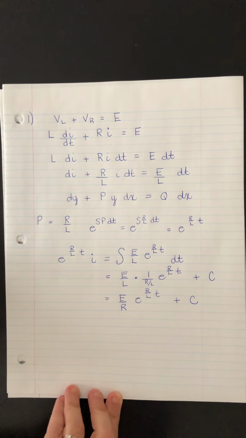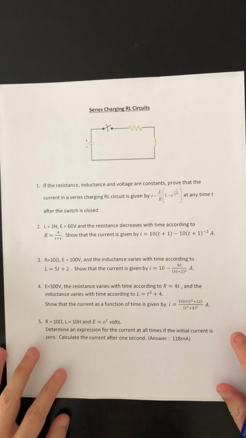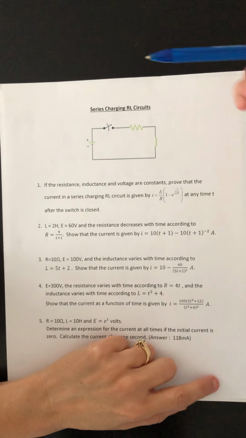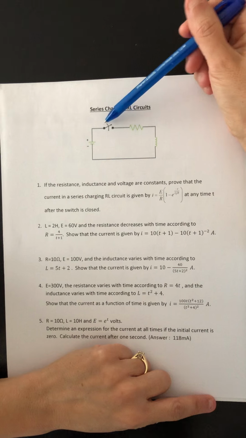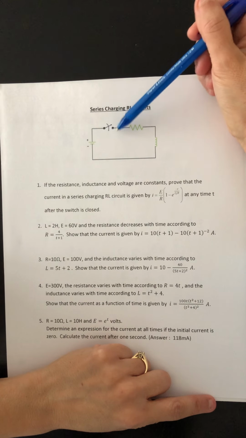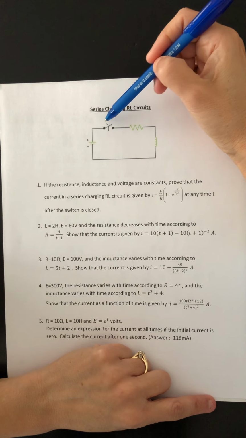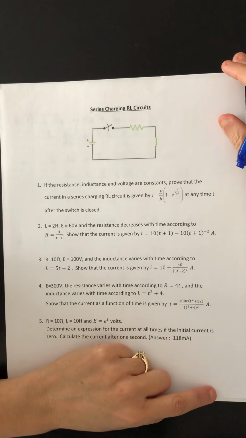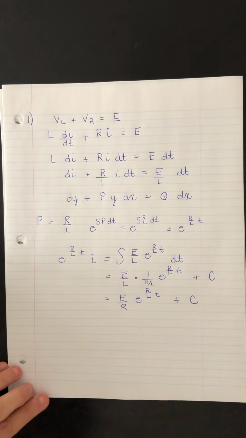And we certainly can for this kind of circuit, because we know that we start to measure time at the instant we close the switch. So at time 0, the current has not yet built up in the circuit. So at time 0, the current is 0. So that's the initial condition, and that's what we can use here.